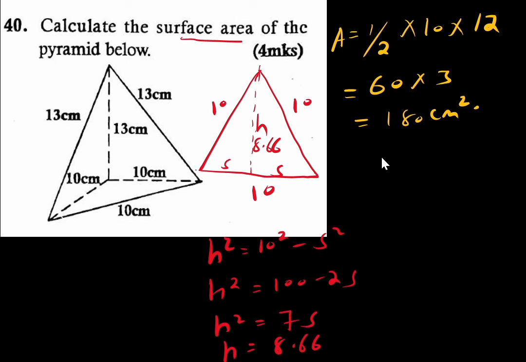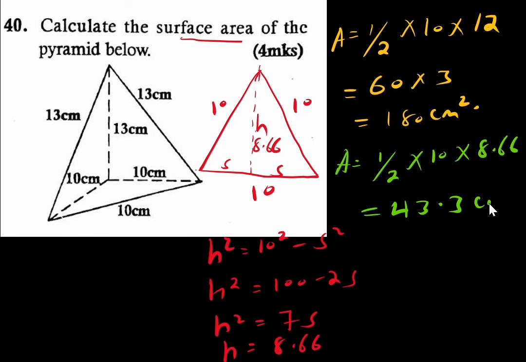So the area of the triangle at the bottom will be a half times base. The base of the triangle is 10, multiplied by the height, which is 8.66. So when you multiply this, a half times 10, you get 5. So 5 times 8.66, the answer is 43.3 centimeters squared.